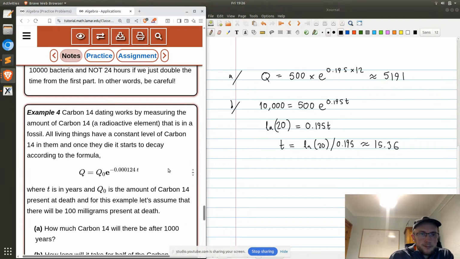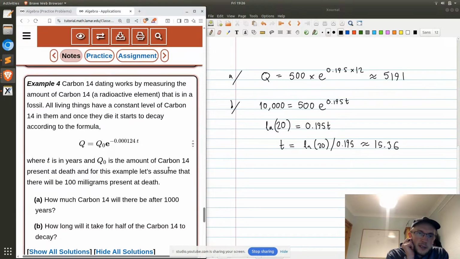All right. Carbon-14 dating works by measuring the amount of carbon-14, which is a radioactive element, that is in a fossil. Does it? I thought that it was only valid for a few thousand years.